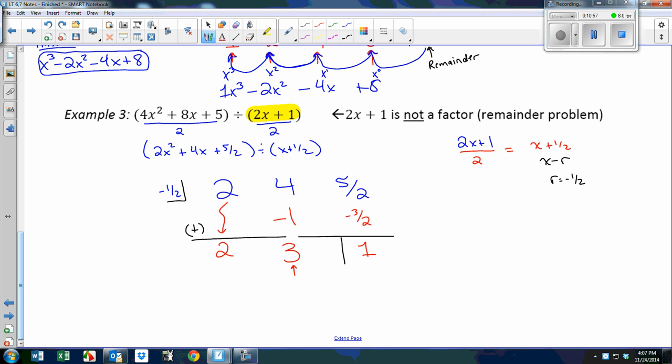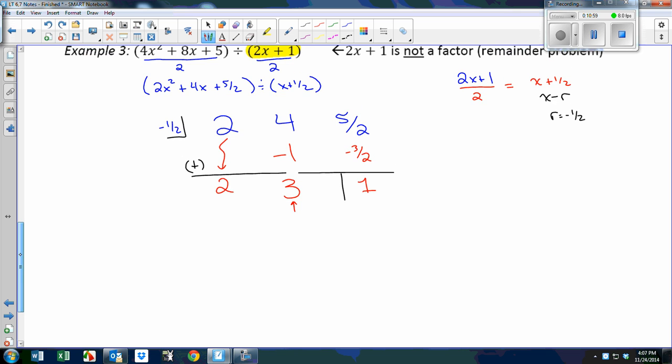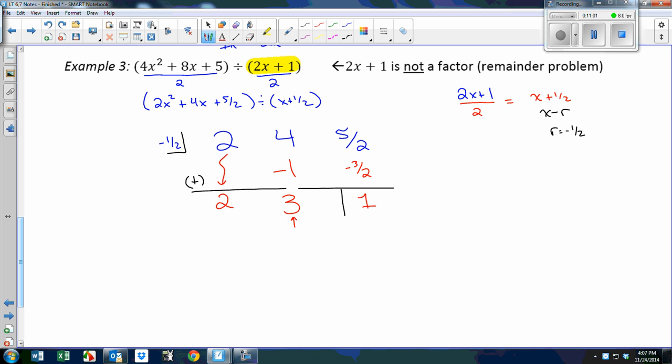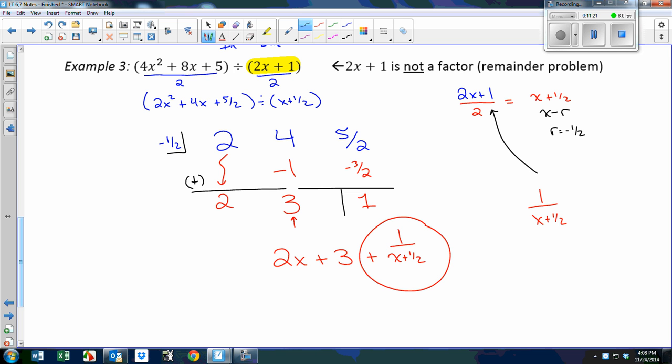Now, this is where it gets kind of weird. This is, again, why I don't recommend using synthetic division here. Your answer is 2x plus 3 plus a remainder of 1, but what you divided by was x plus a half. So you have to take the remainder part over here to the side and adjust it, turning it back into what you really divided by, which was 2x plus 1.